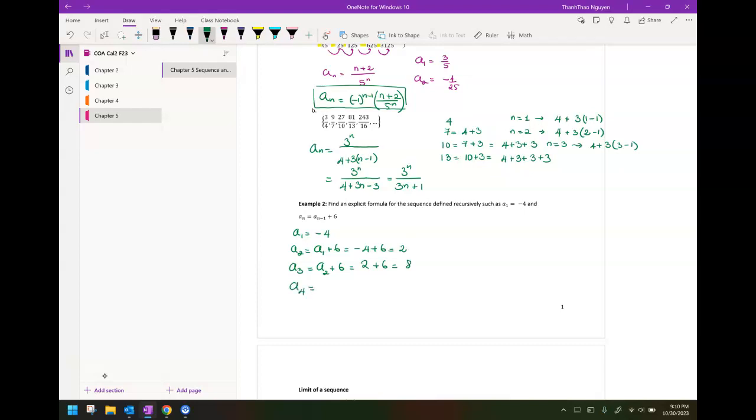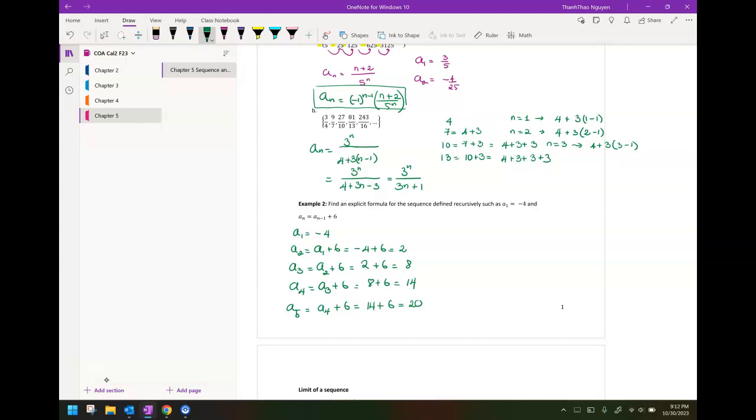A sub 4 will then equal a sub 3 plus 6, that is 8 plus 6, which makes 14. Let's try one more. A sub 5 equals a sub 4 plus 6. That is 14 plus 6, which makes 20.